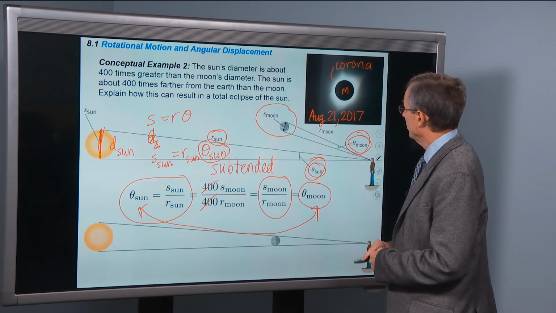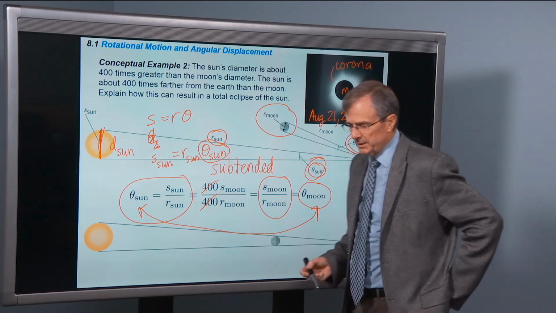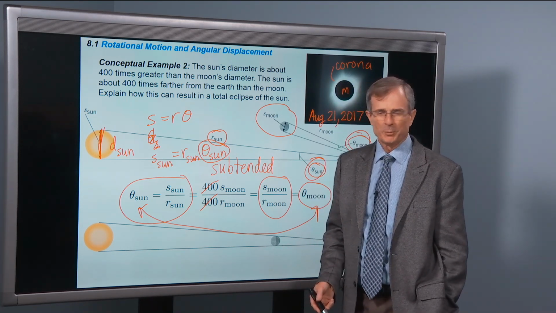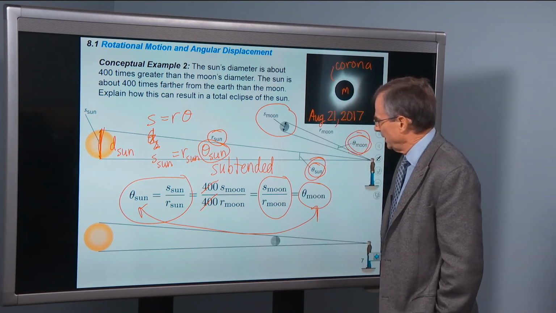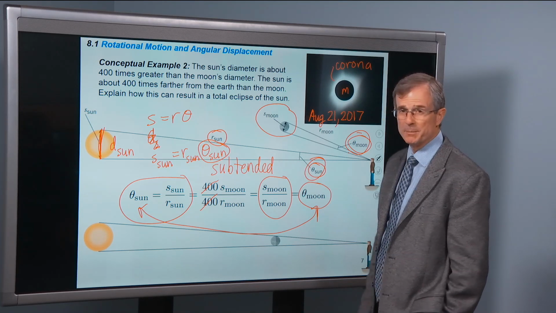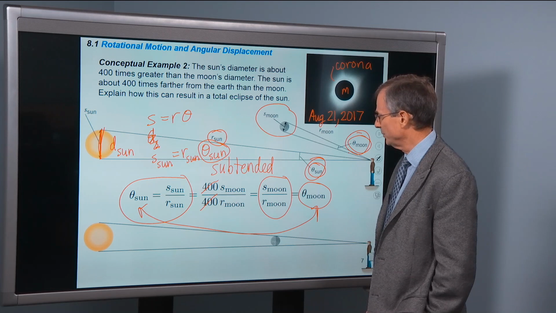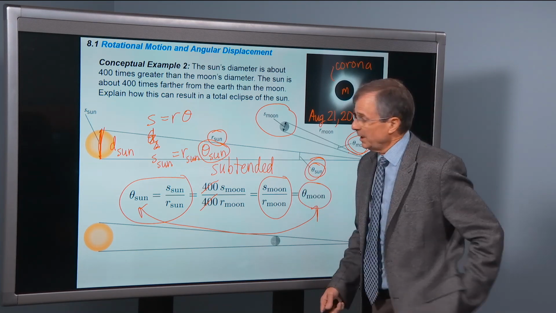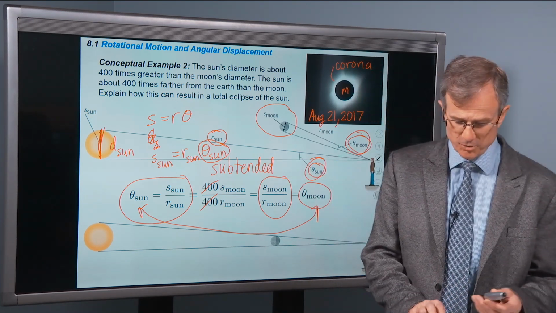And you could see the corona, and we actually looked at the corona through my unfiltered telescope, which was just such a thrill. Anyway, great experience. I hope some of you had a chance to see it, because it really was a memorable, amazing experience. But that's how angular distances relate to eclipses.